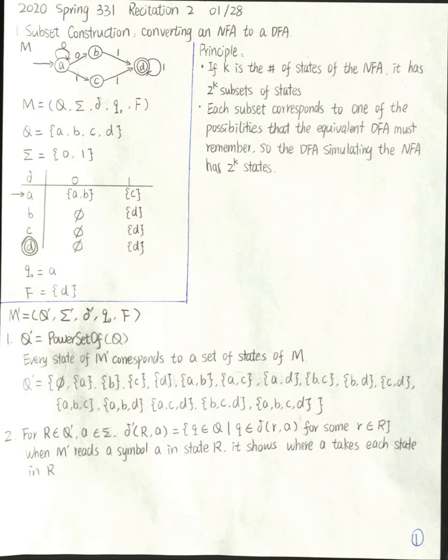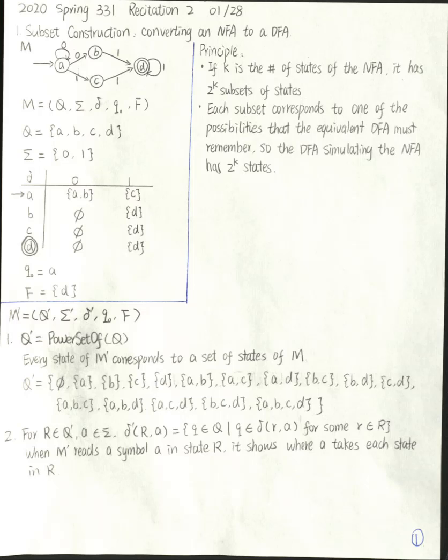So when M prime reads a symbol a in state R, it shows where a can take each state in R. What we do in the computation is, for each member in R, we check the transition in the NFA and see what the resulting states are by reading this symbol a. We do this for each member in R, and we take the union of the resulting states.